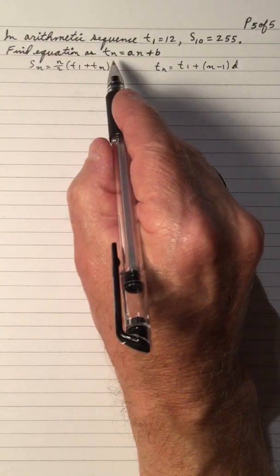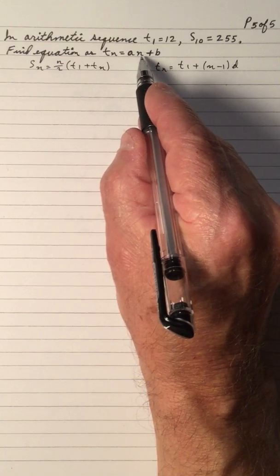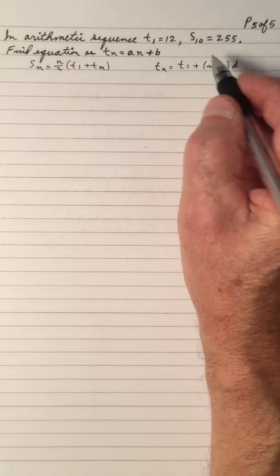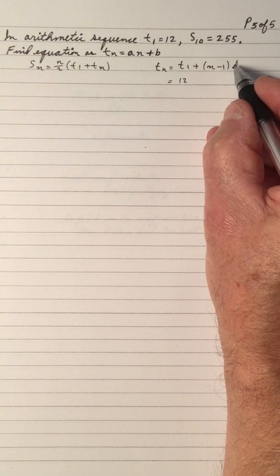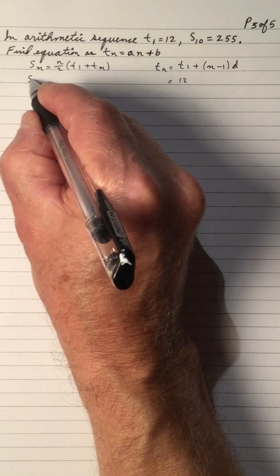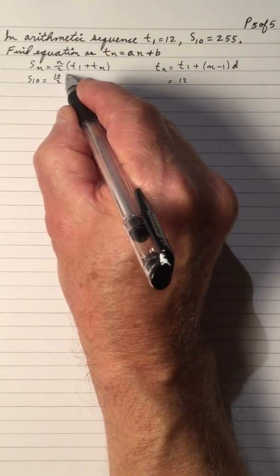So this equation will work out to give us what this is going to be. But we know what T1 is. We can fill that in here. That's 12. But we don't know what our difference is. So let's look at this equation. S10, that's a 2.